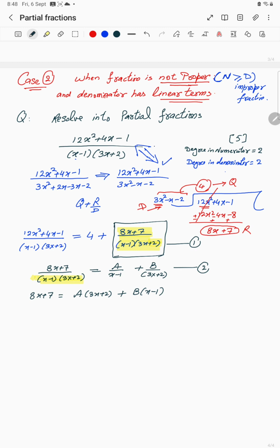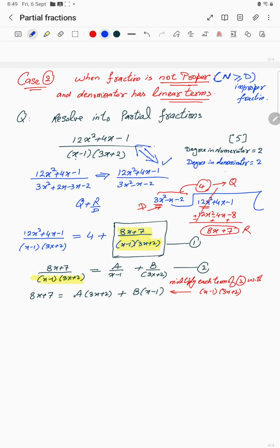I hope it is clear what I did. Let me write on the side that I multiplied each term of equation 2 with x minus 1 and 3x plus 2, and this is the result we get.